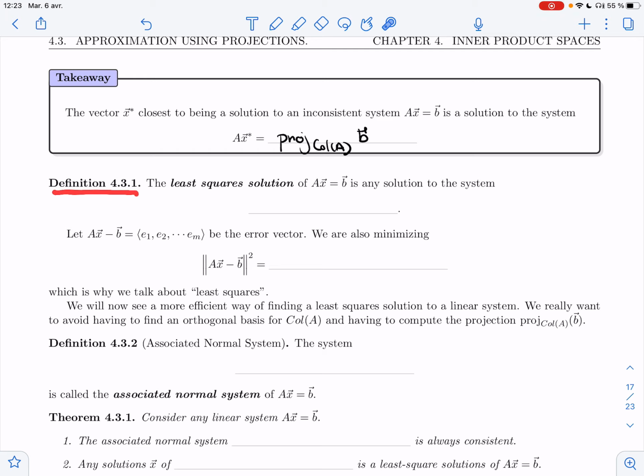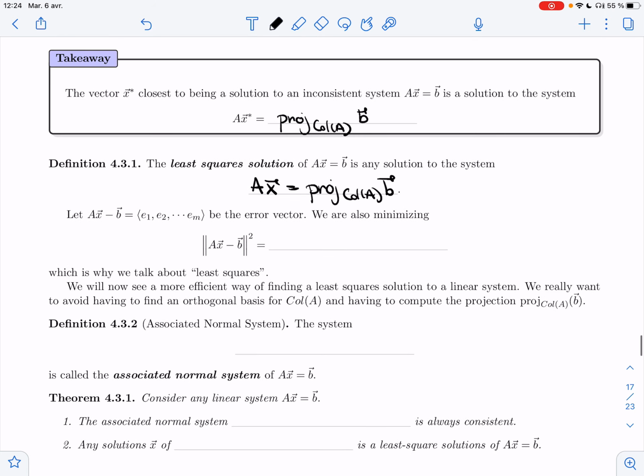Definition 4.3.1, the least square solution of Ax equals b is a solution to the system Ax equals the projection of b onto the column space of A. All right, so let me just explain the name least square solution. It seems a bit arbitrary. So if I take Ax minus b, that's the difference between this and the actual solution we were looking for.